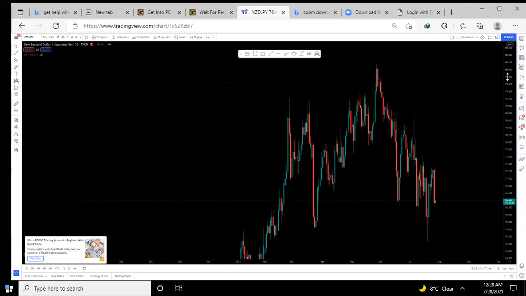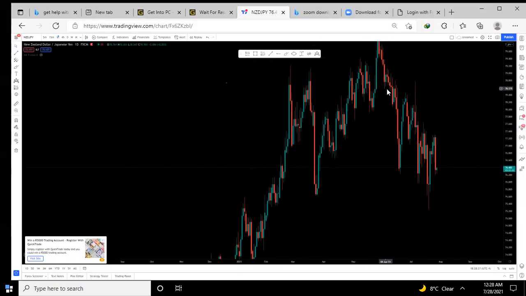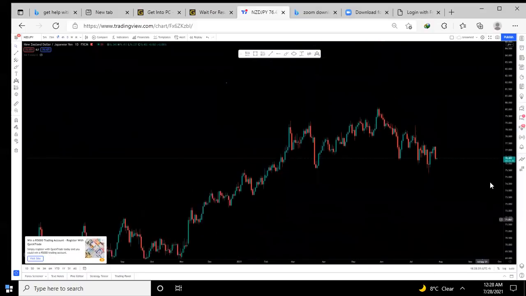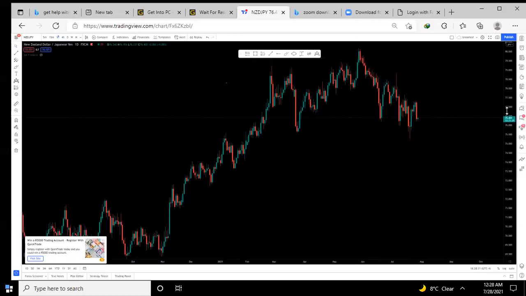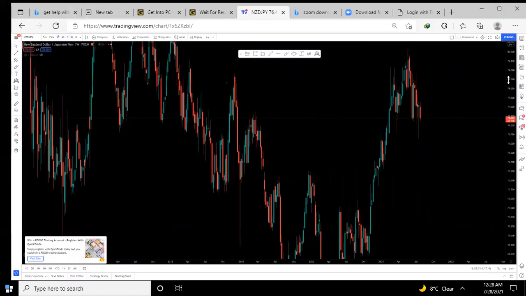So NZDJPY, guys, on the daily time frame. I can say it doesn't have a movement yet. I'll try to check it on the weekly.